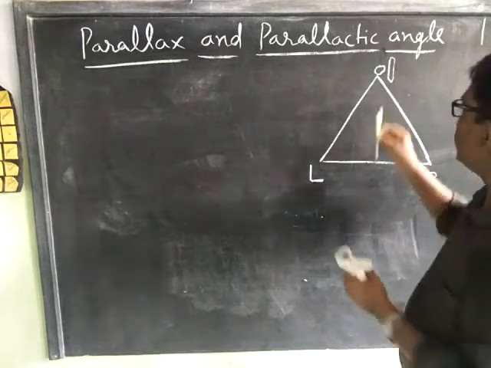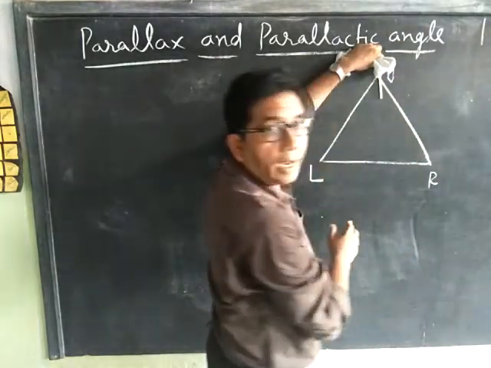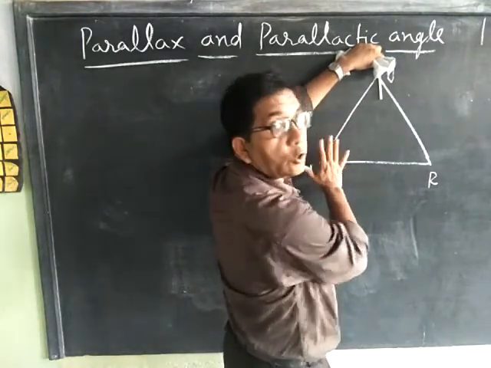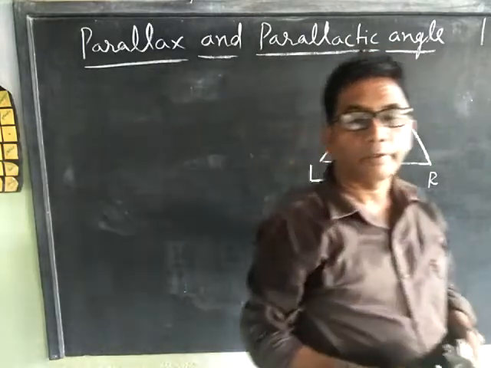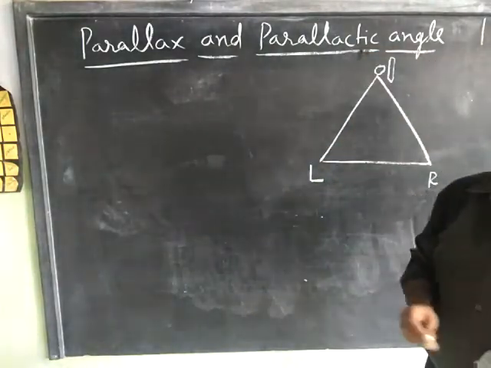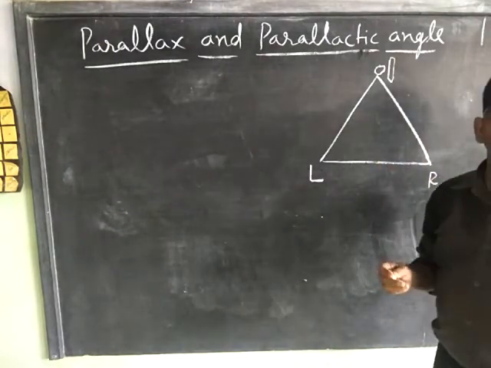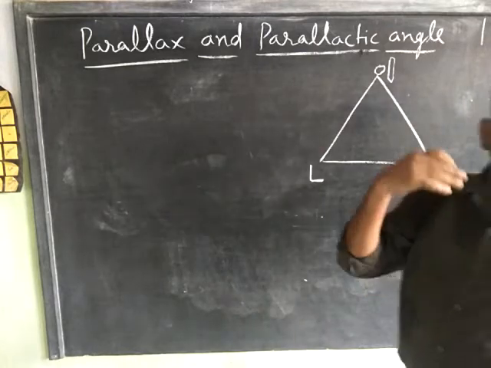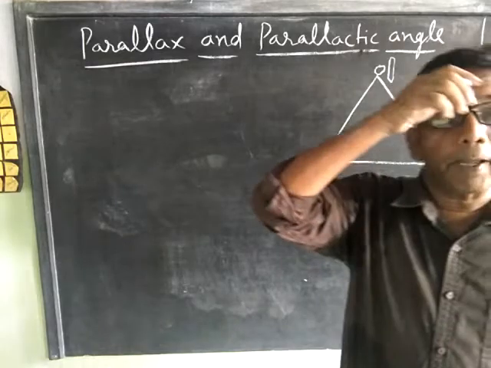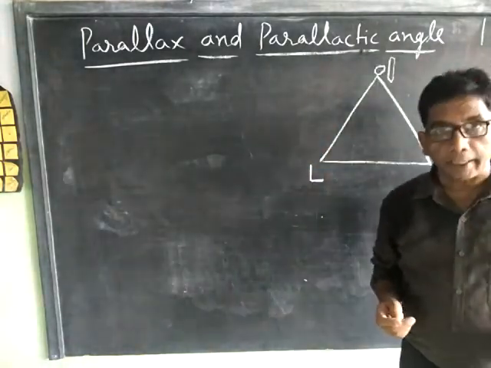Now we see this pen by the right eye and keep our left eye closed. The position of the pen appears to change with respect to the background.